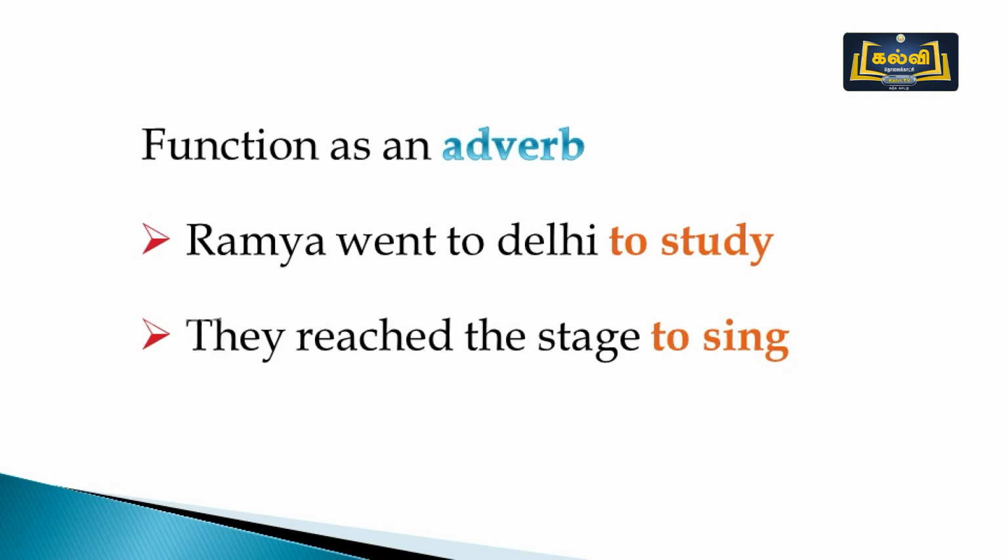We now know the non-finite verbs in the above two sentences. To study and to sing perform as an adverb. Here, the finite verbs are went and reached, and the non-finite verbs to study and to sing act as an adverb.